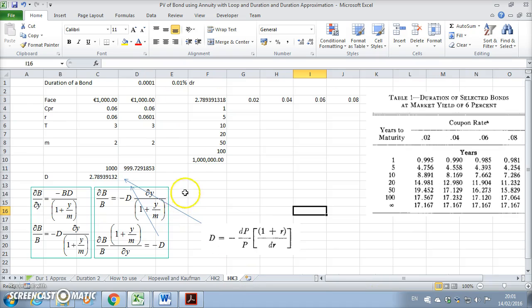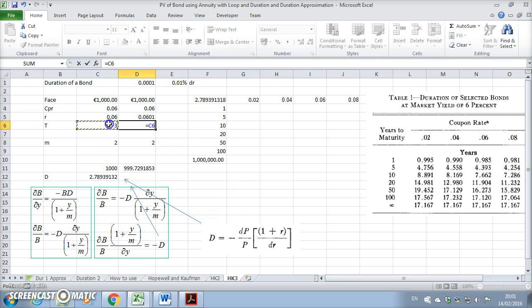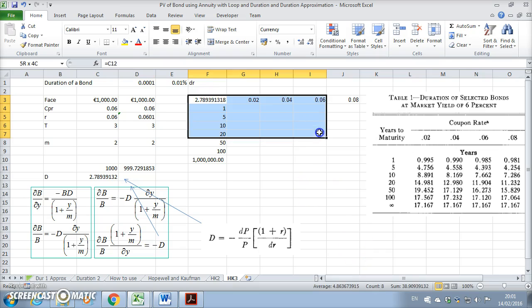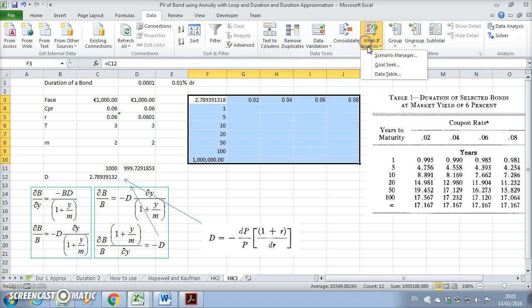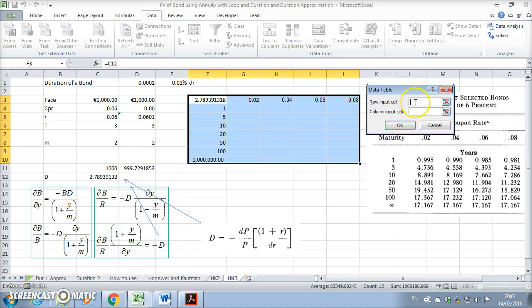Okay, and let's run the data table, and we'll set the coupon rate same as here, and we must set the time period same as here, because those are the two that I'm going to adjust. And then I'll run the data table: data tab, what if analysis, data table.